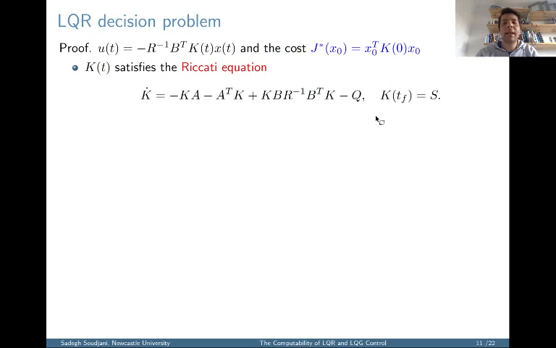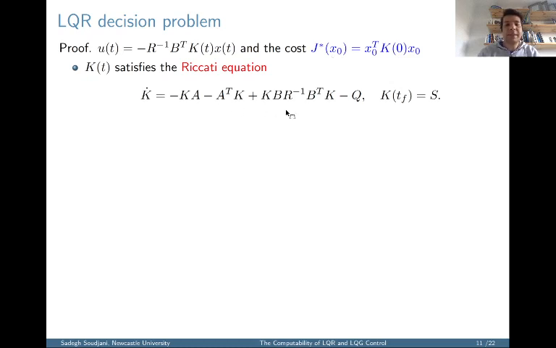It's nonlinear. It is solved backward in time, starting from the final time point, K(tf) equal to S. And by solving this equation backward in time, we get the value of the gain matrix K at 0. Once I have K at 0, I get the expression for the minimal cost associated to the LQR problem.